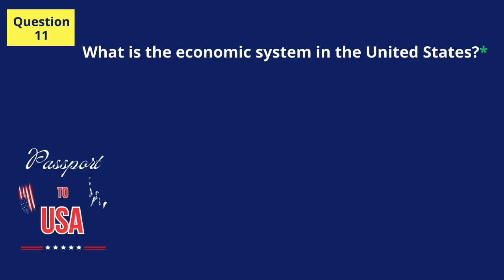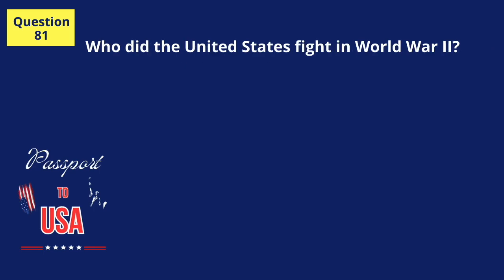What is the economic system in the United States? Market economy. Who did the United States fight in World War II? Japan, Germany, and Italy.